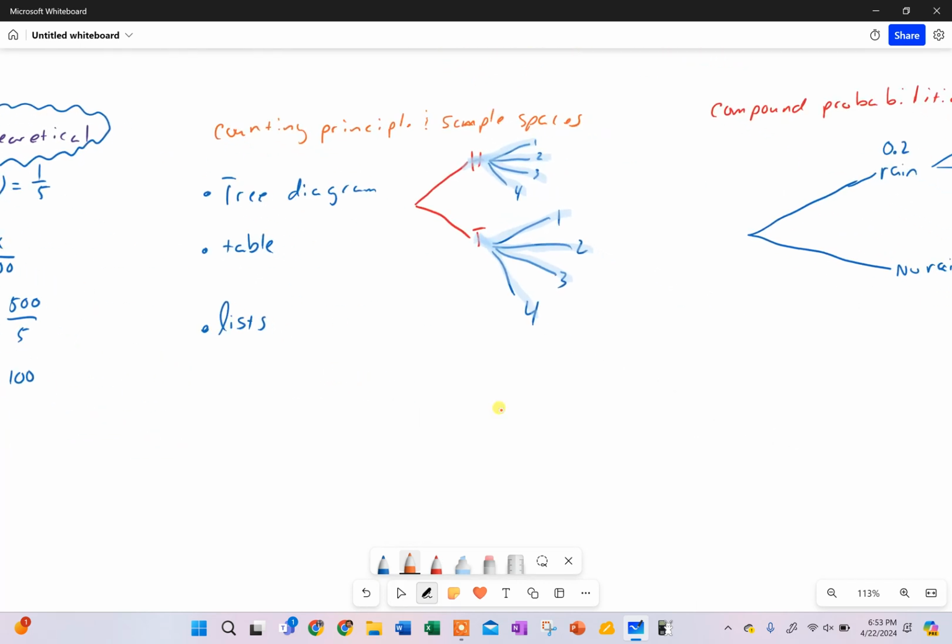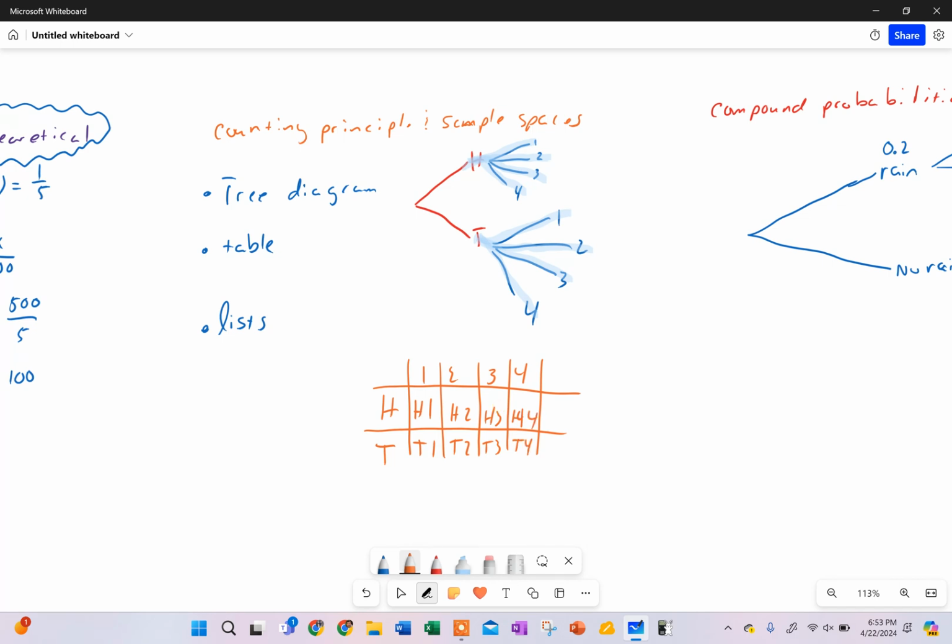If I wanted to make a table using the same data, it would look like this. I could say, well, I could get a heads or a tails, and I could get 1, 2, 3, 4. And some people like this a little bit better because it's a little bit easier in some ways. Heads 1 or tails 1. Heads 2, tails 2. Heads 3, tails 3. Heads 4, tails 4.